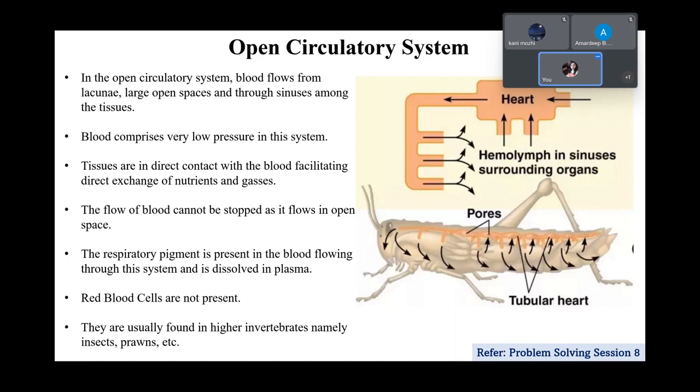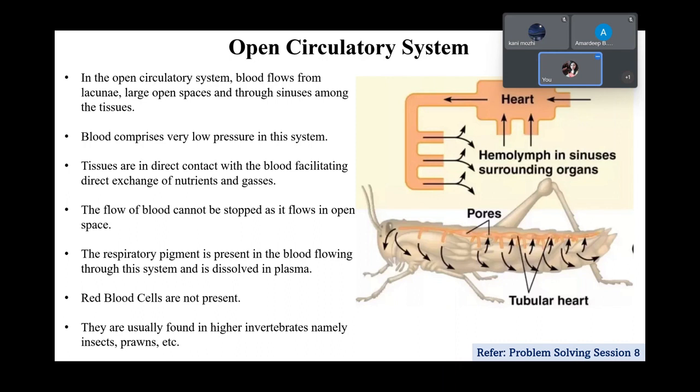Compared to this, in the closed circulatory system, the blood flows through a closed system, as you can see here. So this is the heart, and then you have the blood carrying oxygen and all the nutrients towards different body organs.